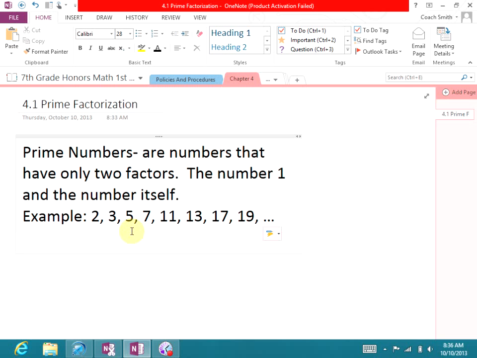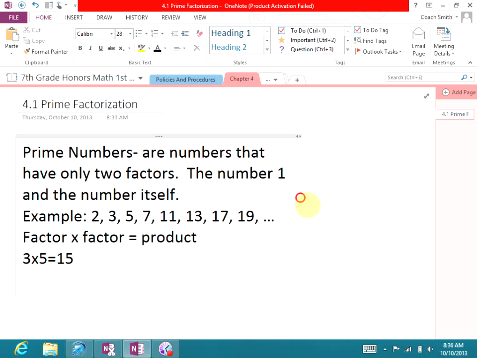When we talk about factors, what we're talking about is a factor times a factor equals a product. So a product would be, for example, 3 times 5 is equal to 15.